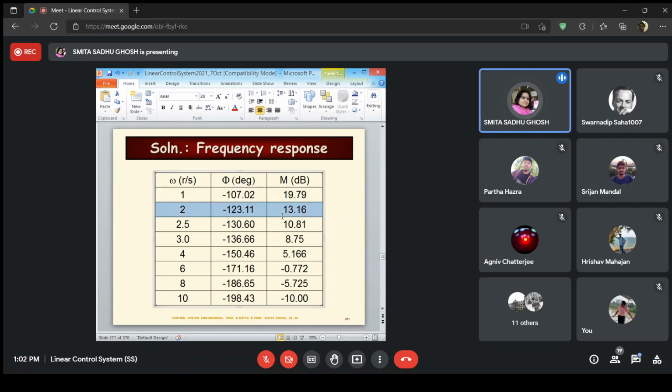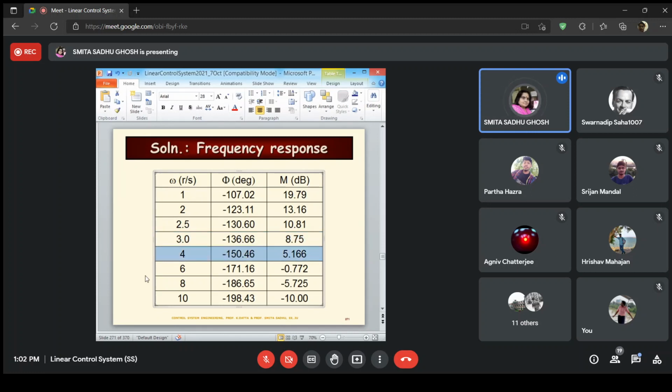Similarly, at 2 radians per second it is plus 13 decibels, so I cannot place my lead compensator at 2 radians per second either. At 3 radians per second I still have a positive value, plus 8 decibels, so I cannot place my desired gain crossover frequency there if I'm using a lead compensator. Similarly for 4 radians per second.